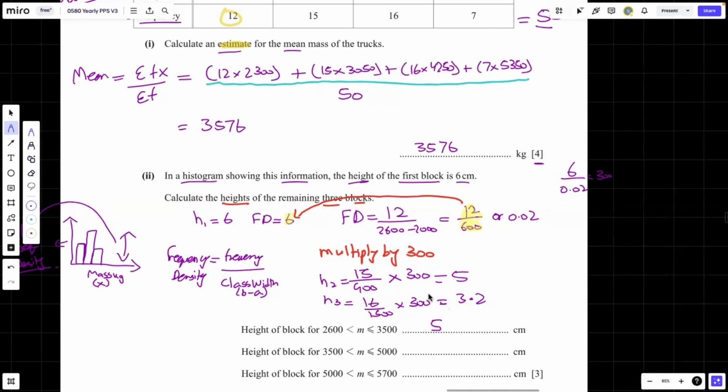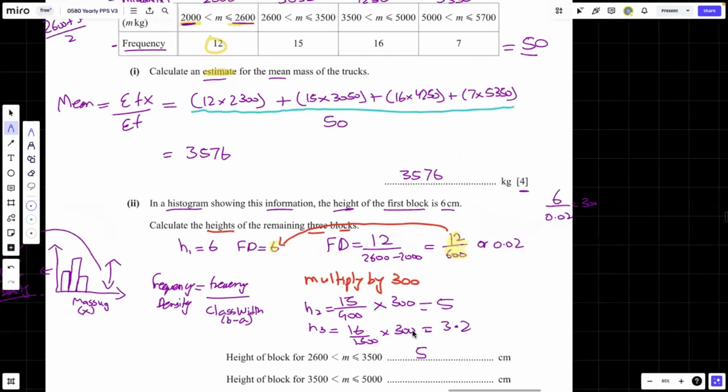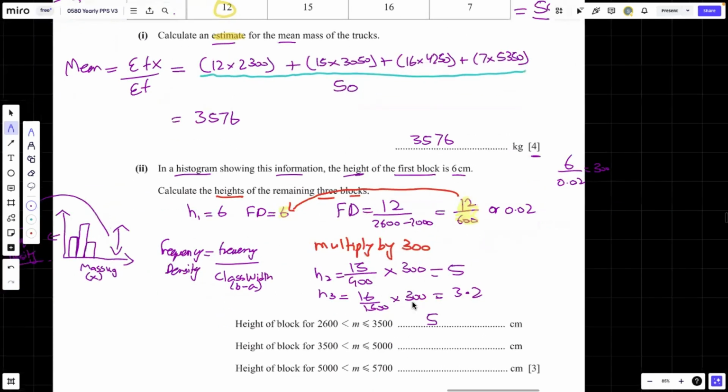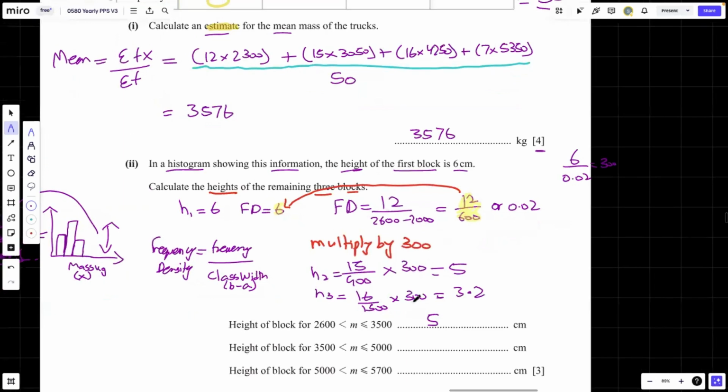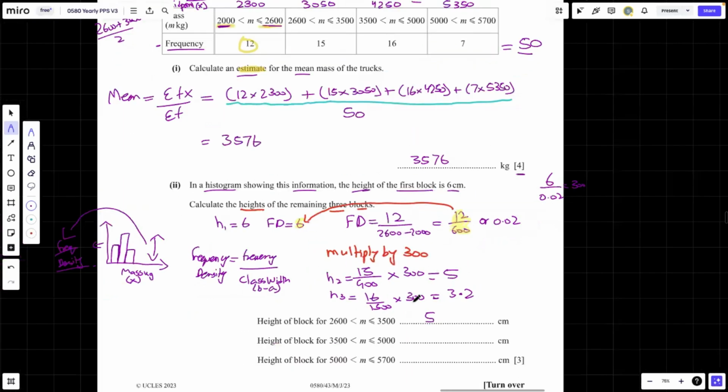Otherwise, if you had used the decimals, 16 over 1500 in decimals is giving a recurring decimal of 6. So the best thing is to use fractions here and not decimals, so the accuracy of your answer does not get spoiled. So the height of the third block is 3.2.